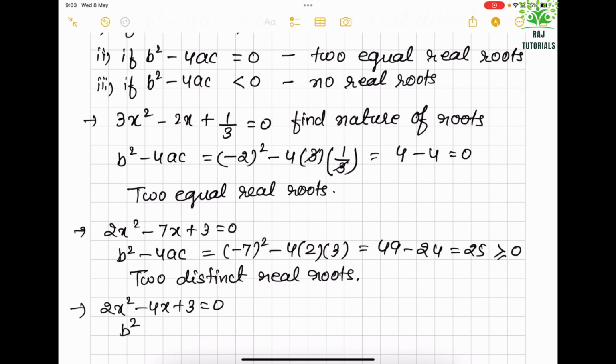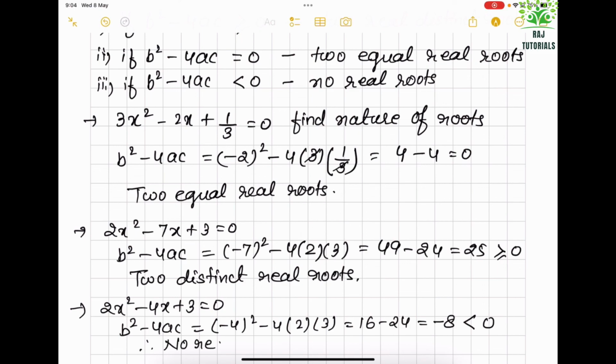So here b square minus 4ac equals minus 4 whole square minus 4 into 2 into 3. So that will be 16 minus 24, so minus 8. So this is less than 0. So I can say no real roots.